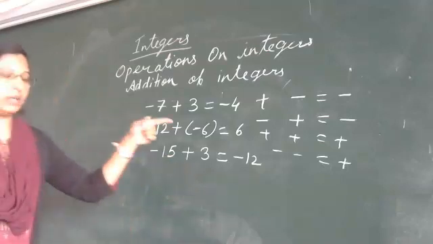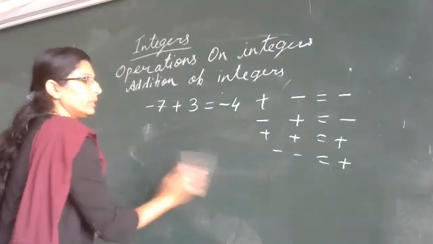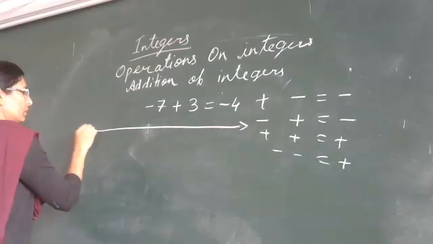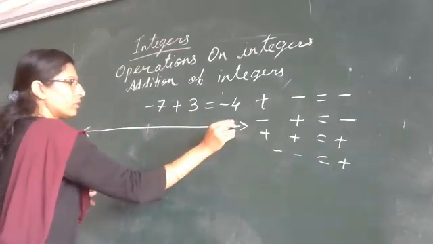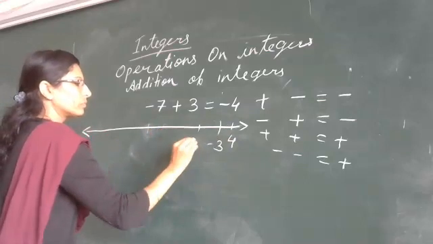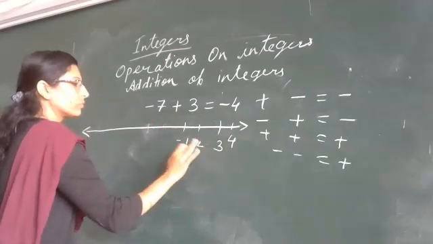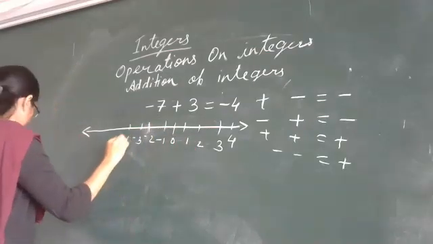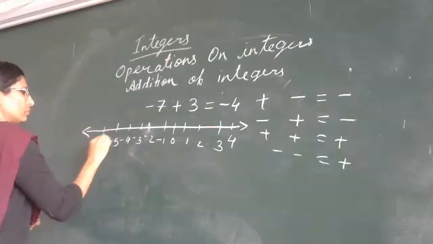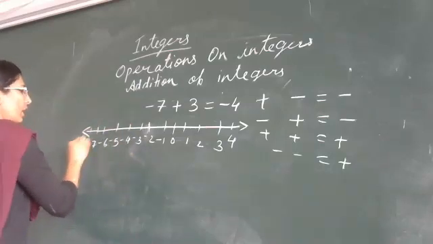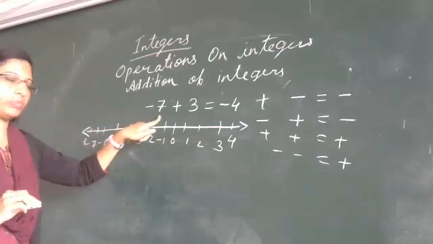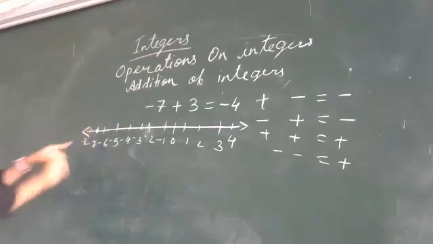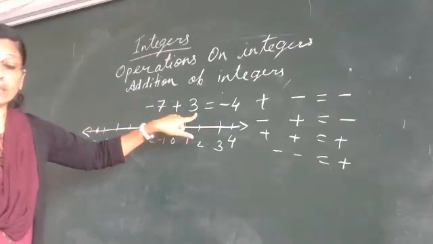Okay, now this same example we will see on a number line. We will represent it on a number line. Here, from -7 to 0, we have to go to +3.